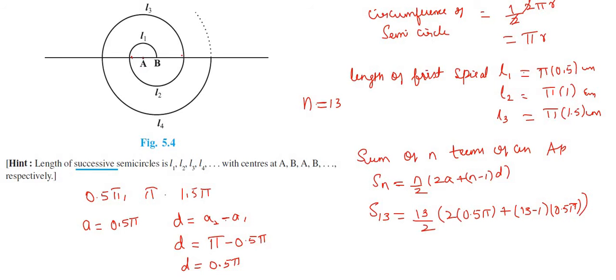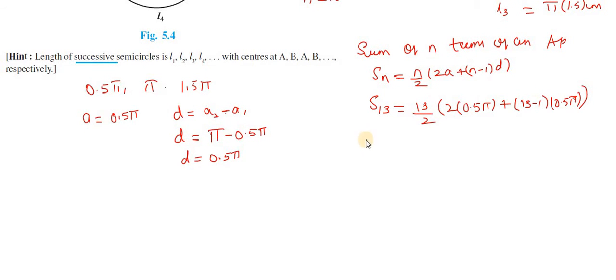Okay, so now simplify this. S13 is equal to 13 divided by 2, which is nothing but 6.5, into 0.5 into 2 is 1. So you can write here 1 pi plus 12 into 0.5 pi.